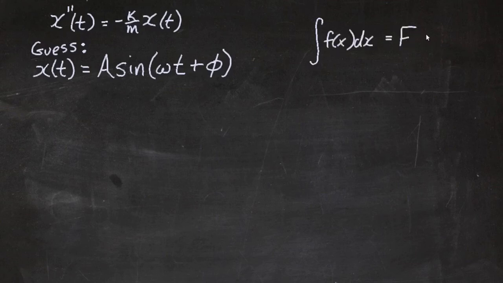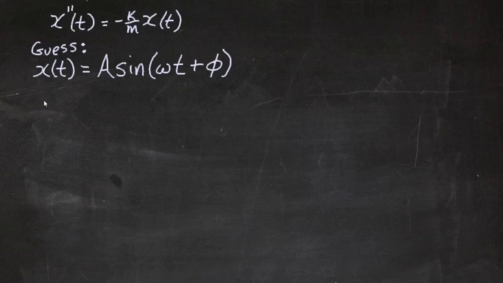I'm undoing the derivative, and there's going to be a constant, plus C. So if I need two integrals to undo two derivatives, then I'm going to need two constants. They're called constants of integration, and what they represent in physics generally is initial conditions, such as how fast the mass is moving at t equals 0, and how far from equilibrium it is at t equals 0. We'll uncover some details about that over time.